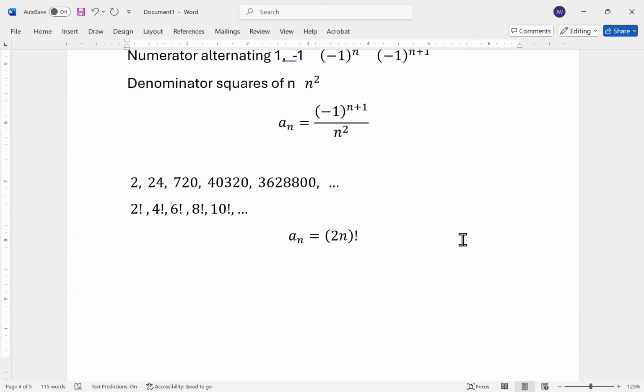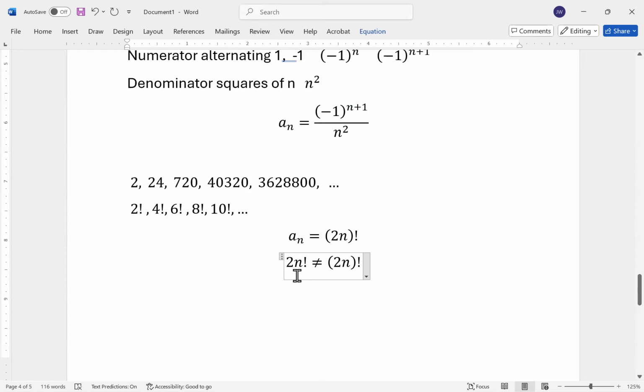By the way, just so that we're all on the same page, this is not the same thing as 2 times n factorial. (2n) factorial is not the same thing as 2 times n factorial. Factorial kind of works like an exponent. You have to do that before we multiply.